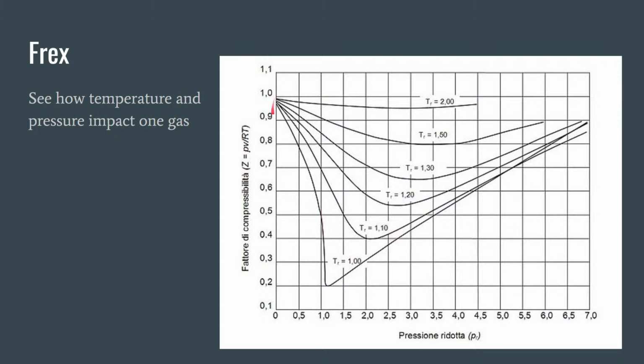You see here at low pressures, they all start out fairly close to 1. Each line represents a different temperature as well. They're sort of normalized, so don't worry too much about the numbers. We have low temperatures here, and we see incredible deviation from ideal behavior. And then as temperatures increase, they get closer and closer to ideal behavior.